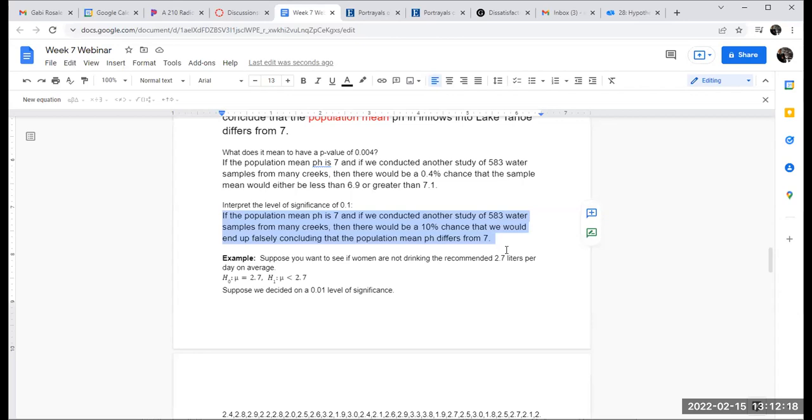Basically, you restate what a type 1 error is, and you say that's the chance of a type 1 error. Any questions at all on these examples?